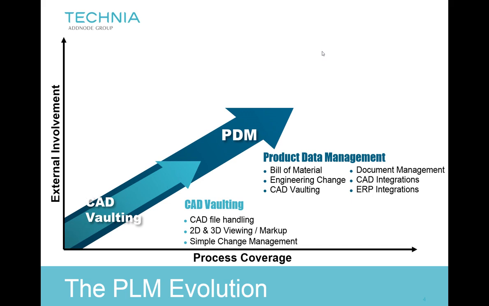But then I also need a structured way of introducing this change into my manufacturing bill of material and engineering bill of material. So when will these changes take effect in the factories? So an engineering change process that is very structured around this.